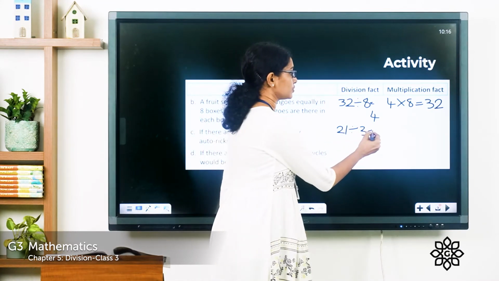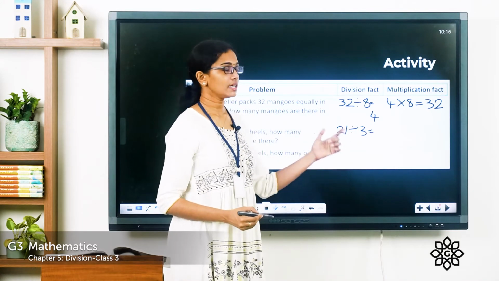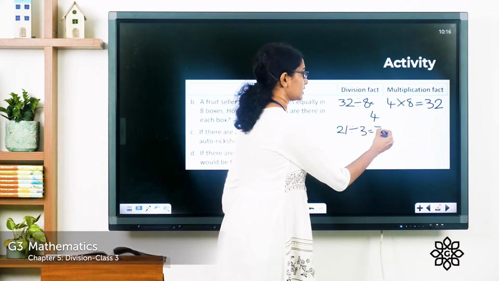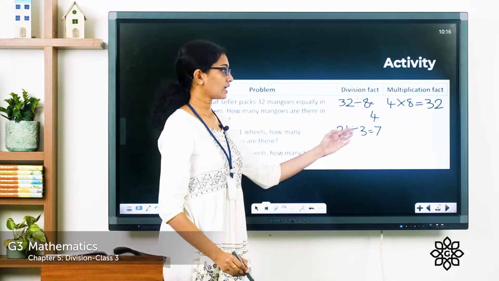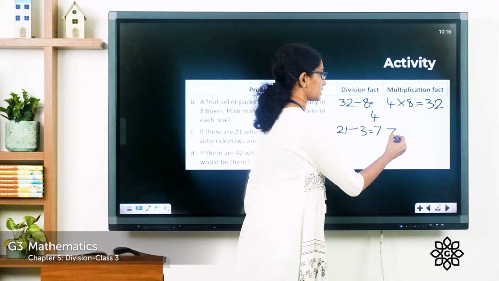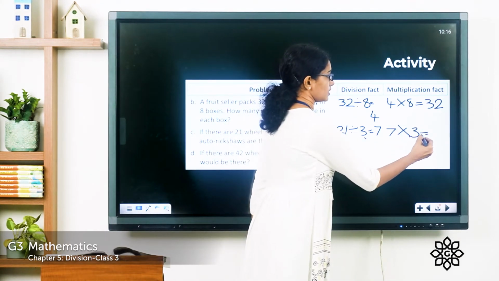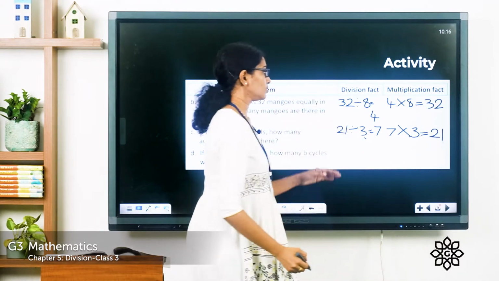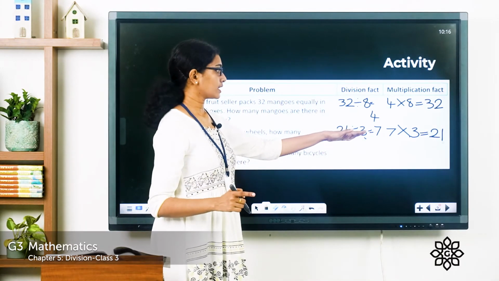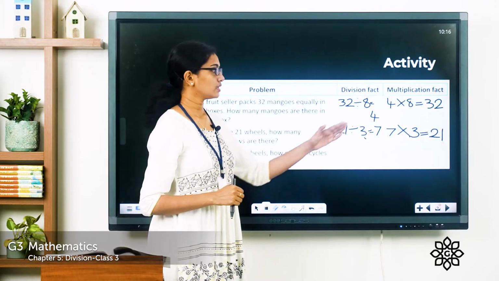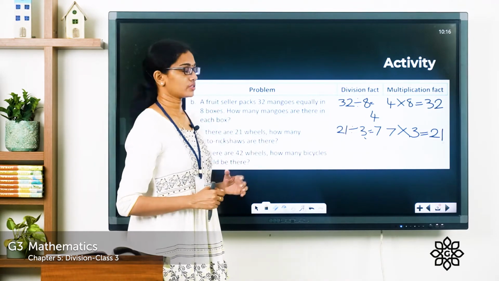And that would be equal to, what is 21 divided by 3? We know 3 7s are 21. So 21 by 3 is equal to 7, and the multiplication fact is 7 into 3 is equal to 21. So 21 wheels divided into groups of 3. So that would be 7, which means there will be 7 auto rickshaws.